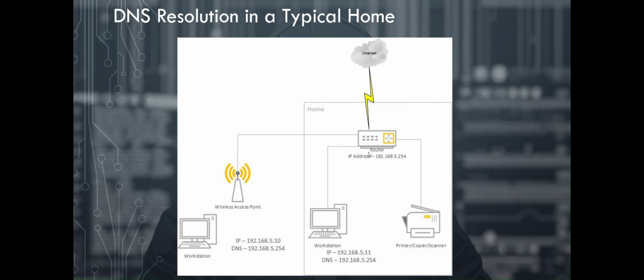And then the DNS server will return the public IP, and then it will establish the IP connectivity, and you will see the web page. Now, in most situations, the DNS server would be this router or the IP addresses of some DNS servers by your ISP. And some people use the Google public DNS, which is 8.8.8.8.